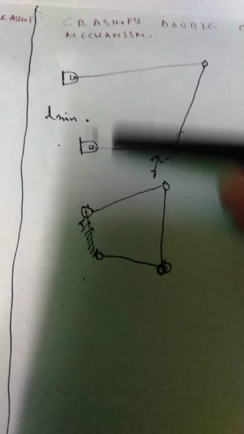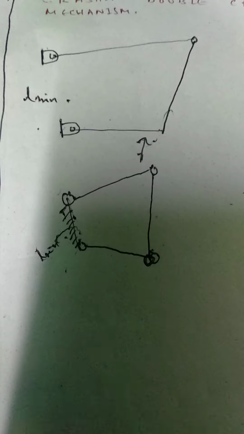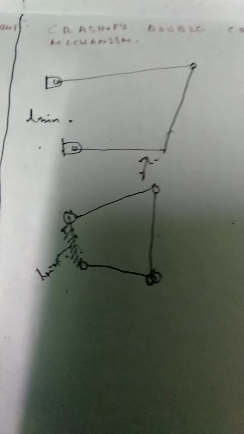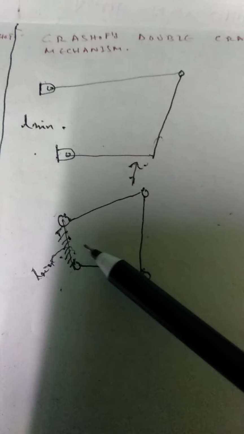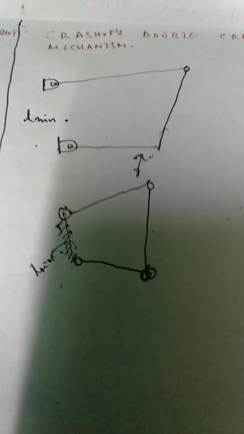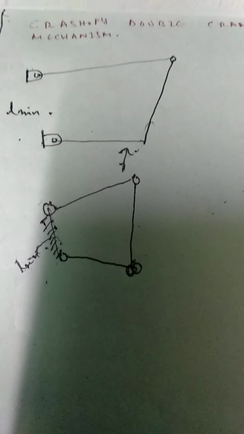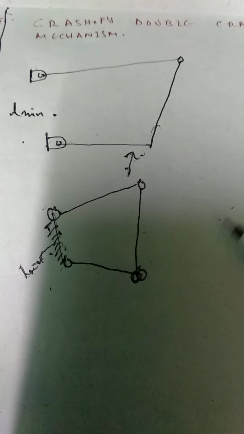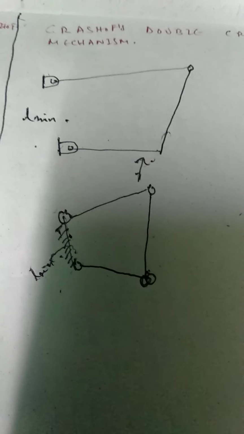You can see this is the L min. Now L min can rotate completely with respect to the other links, so the vice versa also happens, that the other links will also completely rotate with respect to L min.